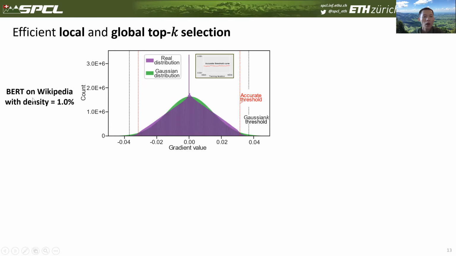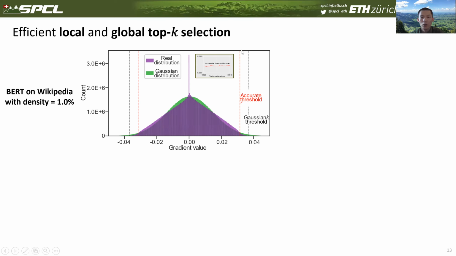Here we use BERT pre-training on Wikipedia as an example. In this figure, the purple histogram shows the real distribution of the gradient values randomly selected from a training iteration. And the green histogram shows the Gaussian distribution, which has the same variance and mean as the real distribution.